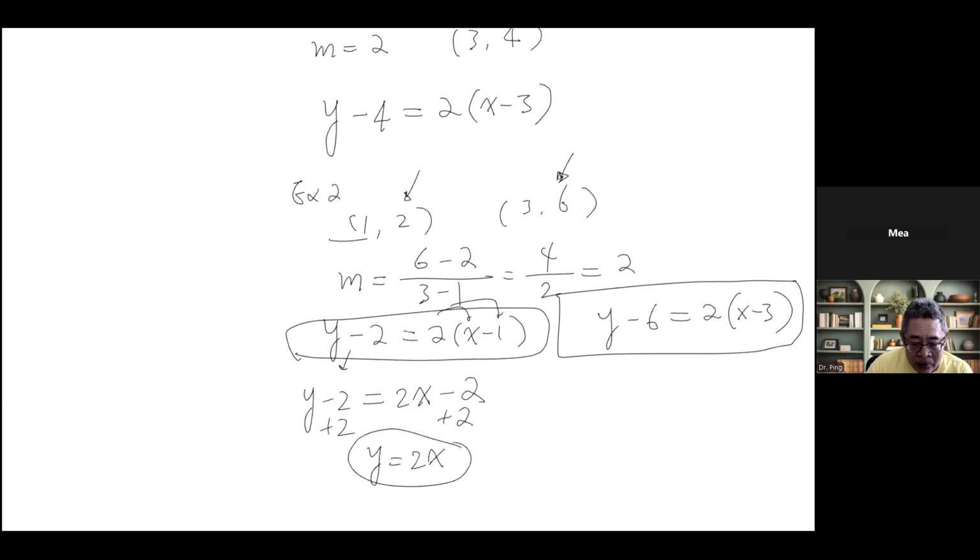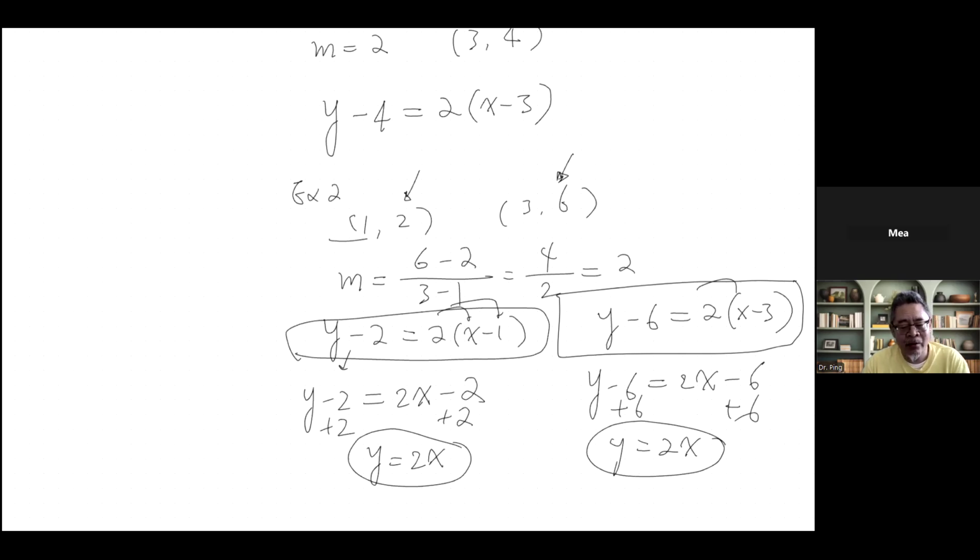And we can also do this one: y minus 6 equals 2x minus 6, and add 6 on both sides, and y equals 2x. You can see that when we change them into slope-intercept form, they're actually the same equation. So even though the way to write it is a little different, in effect they are the same. If you graph this one, or that one, you'll find they're actually the same line.